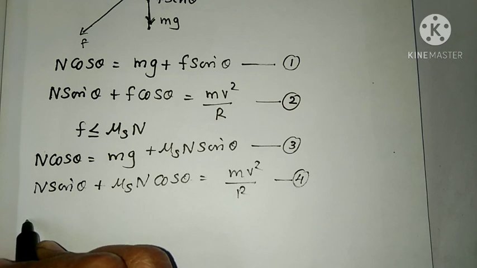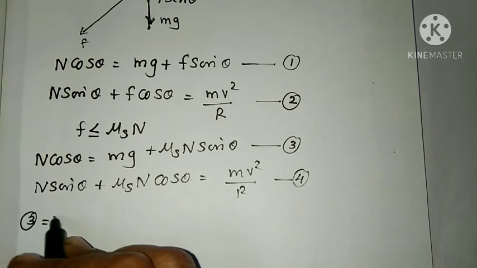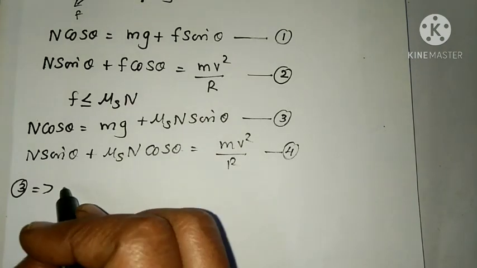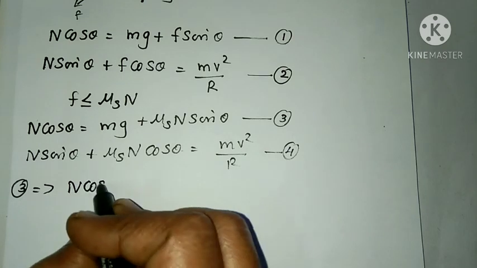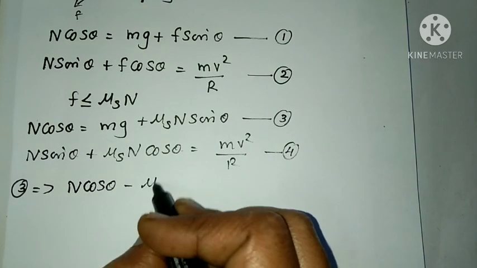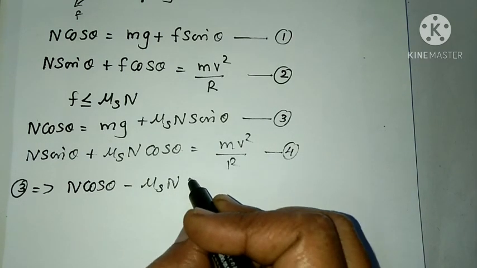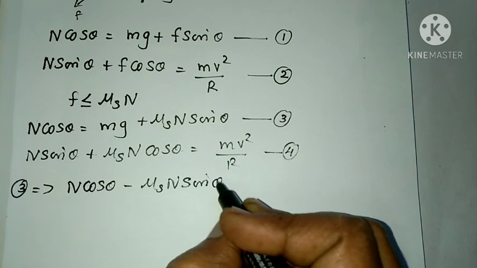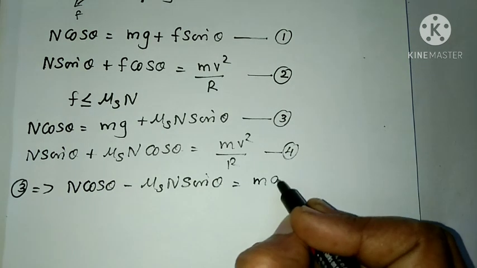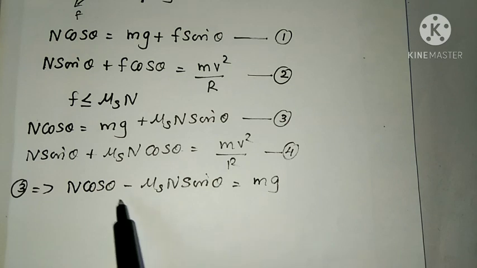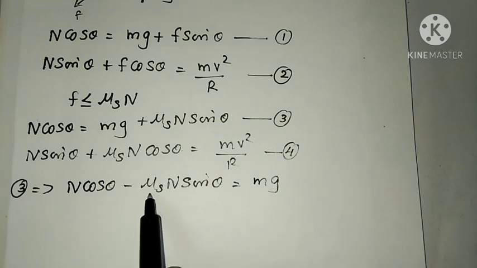So from the third equation we can write N cos theta minus mu s N sin theta equal to mg. From this equation we want to find out the value of N. In the circular level road, N equal to mg.